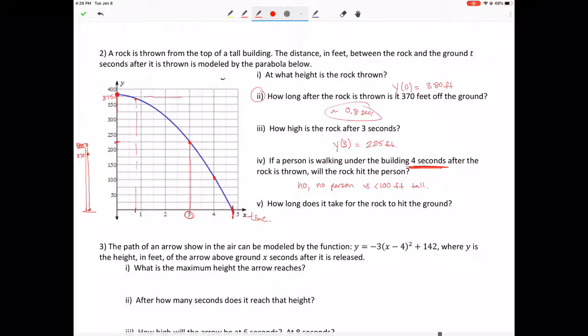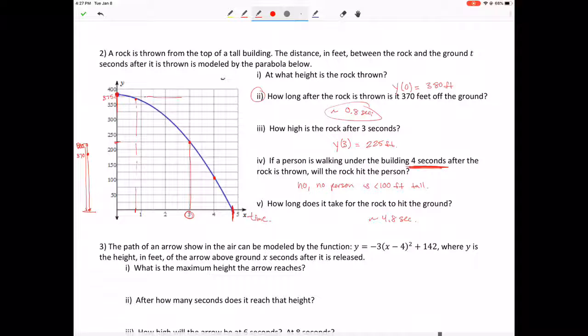Okay. And then it says, how long does it take for the rock to hit the ground? All right, and we kind of put a mark there already where it hits the ground. The height is 0. The time is perhaps approximately 4.8 seconds.